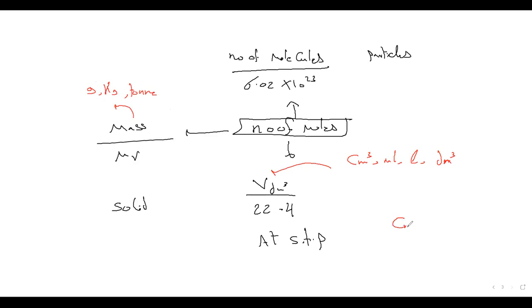And in case of centimeter cubed or milliliter, divide by 1,000 to get decimeter cubed. Okay. Number of molecules over Avogadro's. In case we need atoms, multiply by the number of atoms. For example, calculate the number of moles in each of the following.